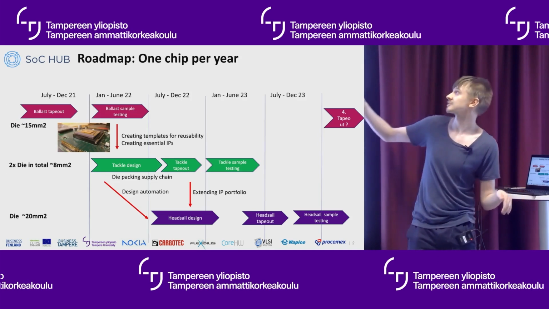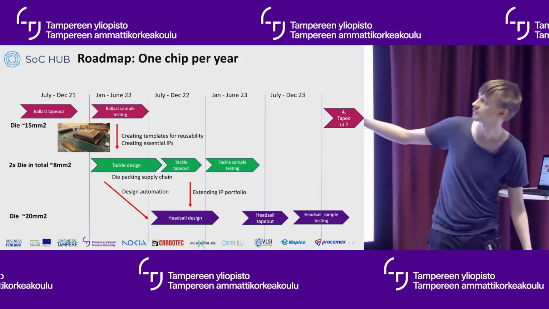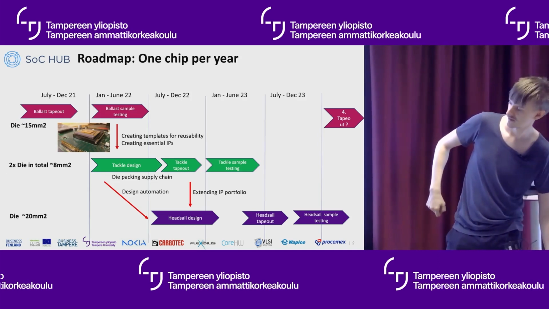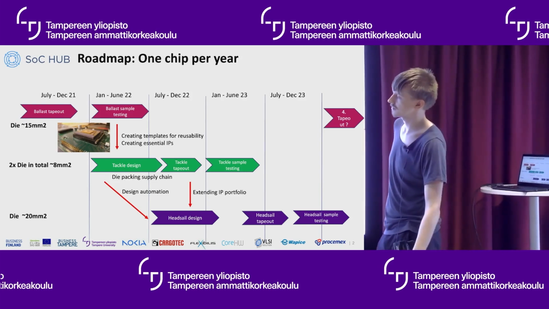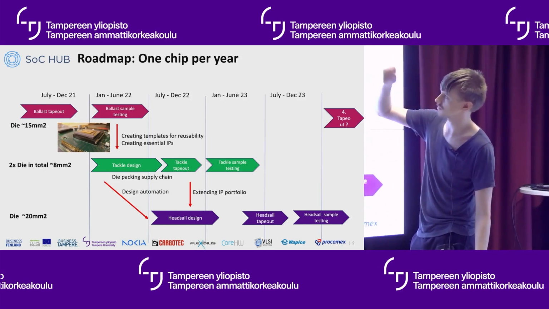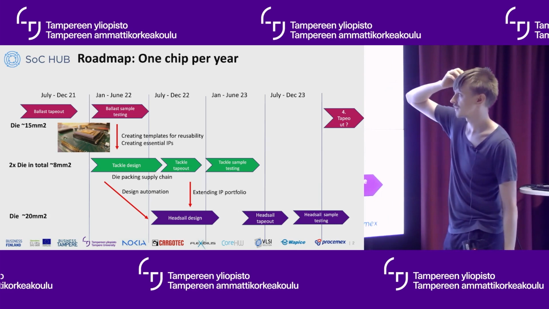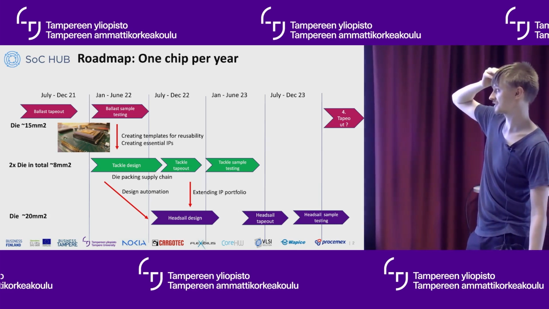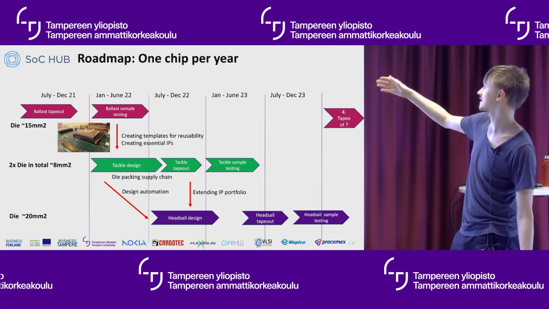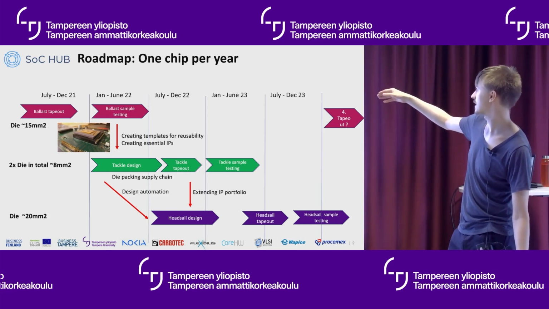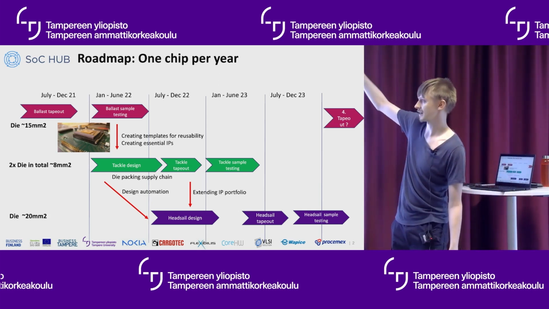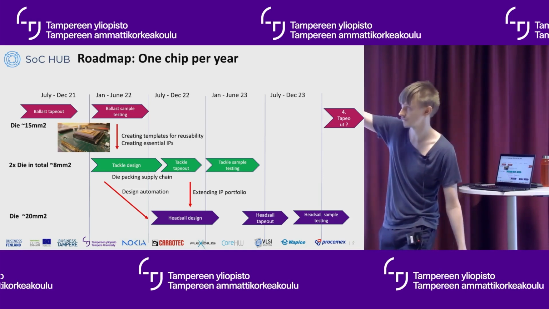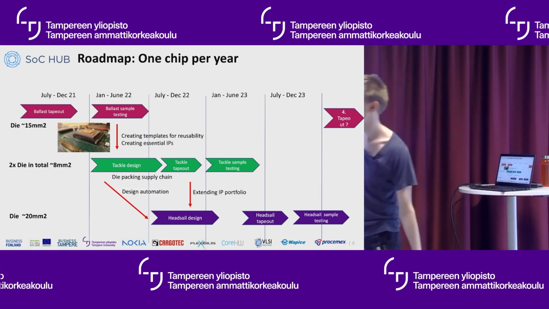So here's the overall schedule. We started in 21. I think I got involved at that time, also in the beginning of 22. The summary here is that we have made some chips, and we maybe have a fourth tape-out coming up as well. So we've made 3 chips. First row we have the ballast chip pictured here.